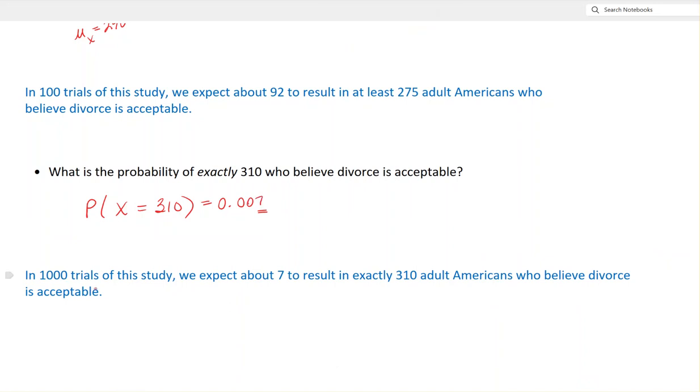In 1,000 trials of this study, we expect 7 of them to result in exactly 310 adult Americans who believe divorce is acceptable. So remember, when we're thinking about interpreting probability, it's a repetition of the exact same thing. Here I had a sample of 500 people. If I repeat sampling 500 people 1,000 different times, 7 of those repetitions will result in exactly 310 adult Americans who believe divorce is acceptable.